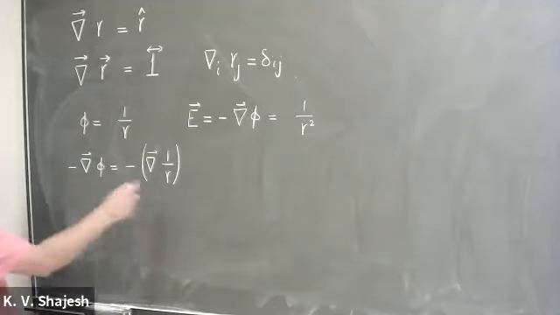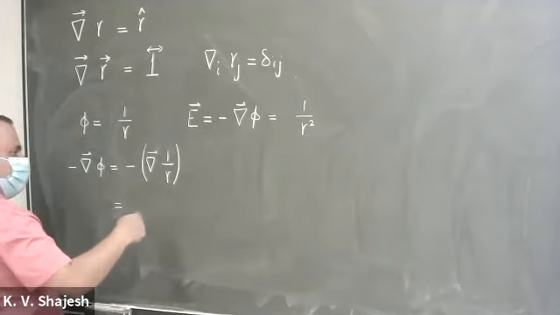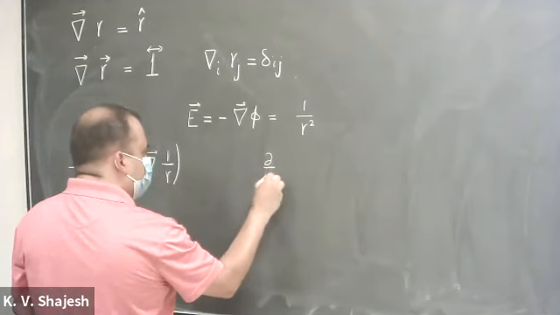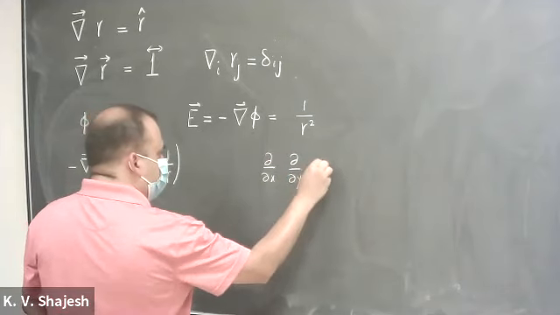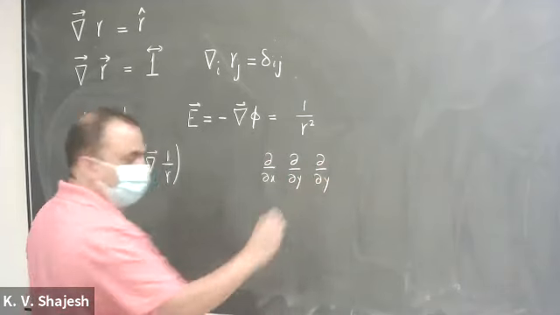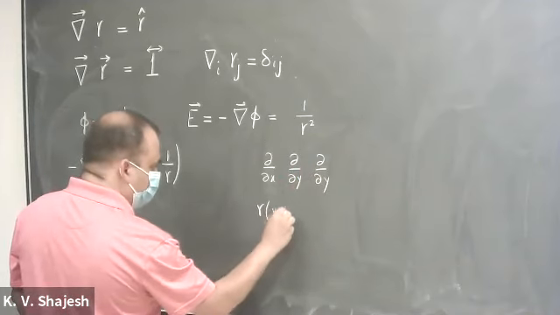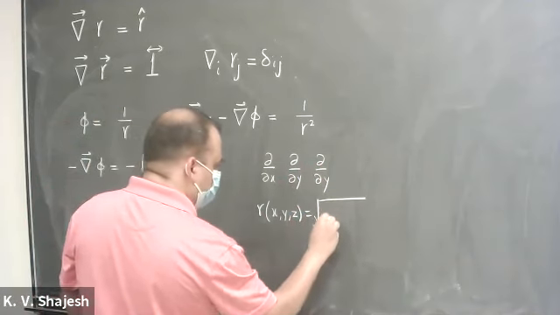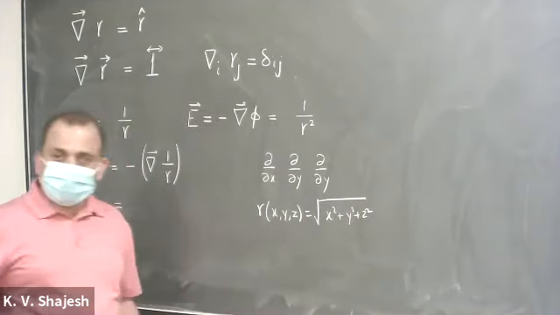The gradient is d/dx, d/dy, d/dz. R is a function of x, y, and z, and that function happens to be the square root of x squared plus y squared plus z squared.